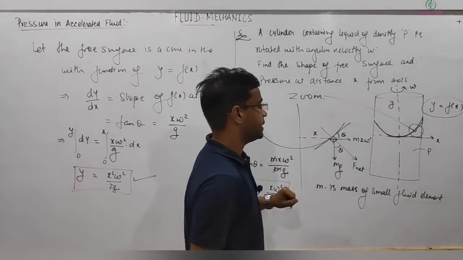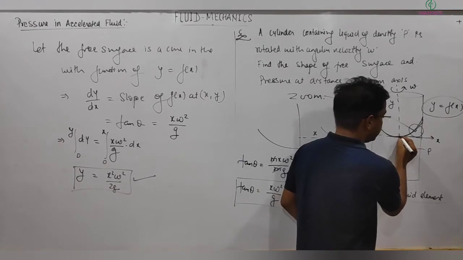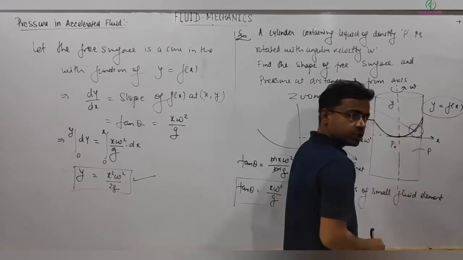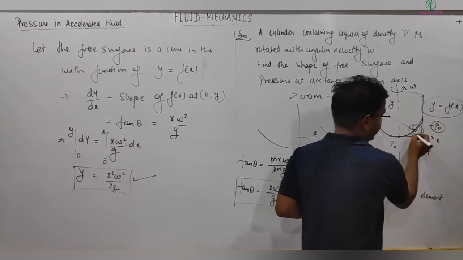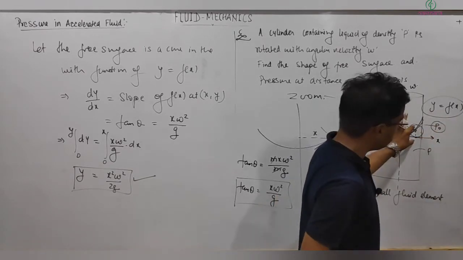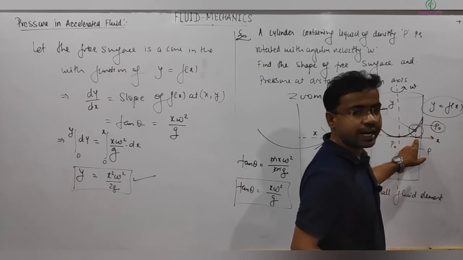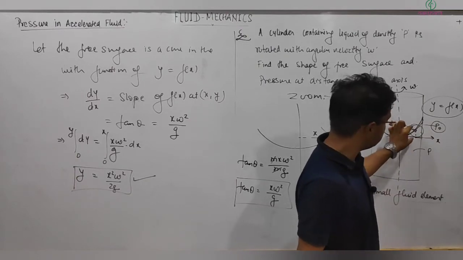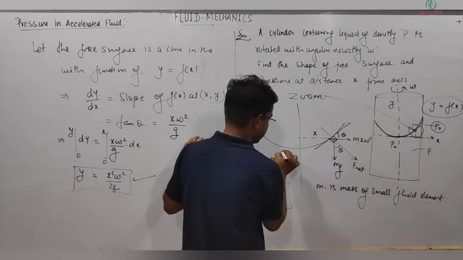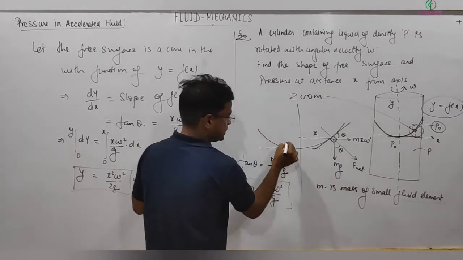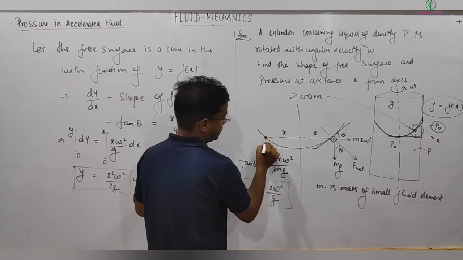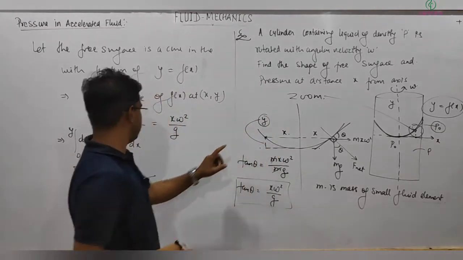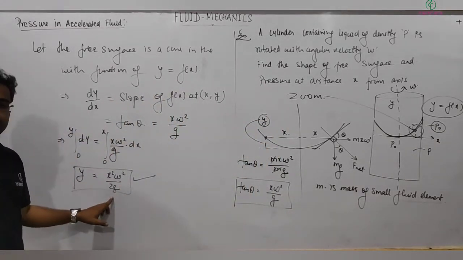Now next question: from here, the pressure will be equal to what? At the surface the pressure is P naught, and at this point the height is y. So pressure at this point I can write will be equal to P naught plus rho g h, is it? So exactly here, let's say an element at distance x has height y, which I already got equal to x square omega square by 2g.